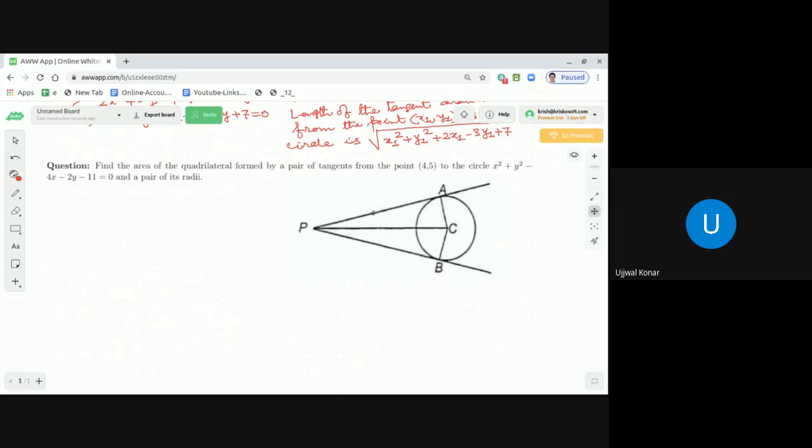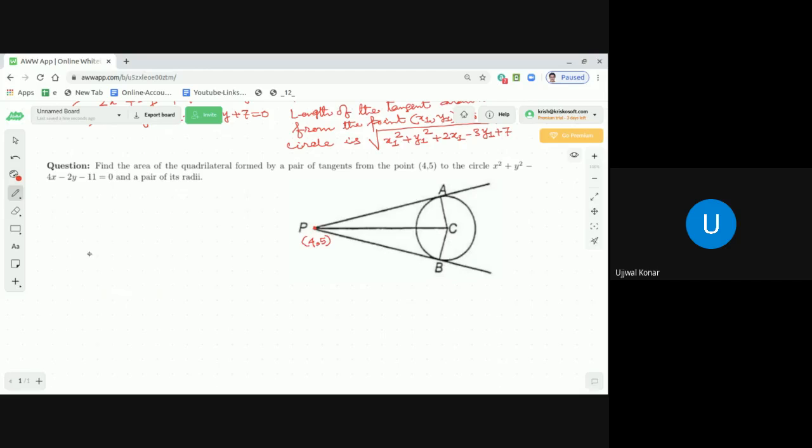This is the point P having coordinates 4, 5. Now, from the point P, as it is outside the circle, we can draw two tangents, PA and PB. Then we need to find the area of the quadrilateral PACB, because it is formed by the two tangents PA, PB and two radii CA and CB.